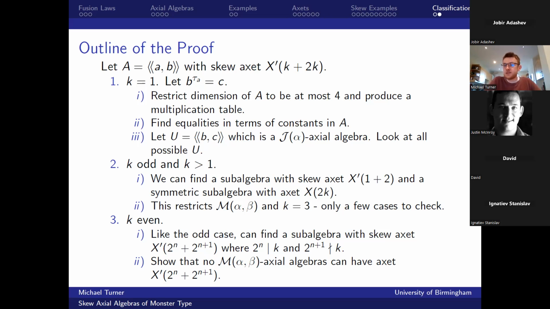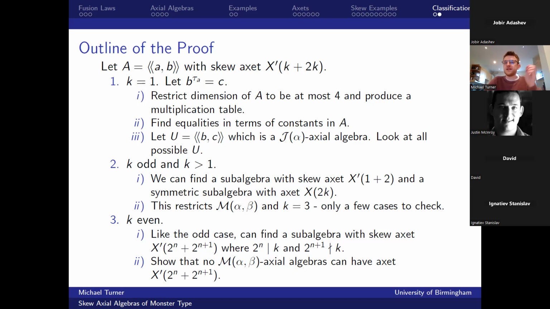A 2-generated symmetric axial algebra is an axial algebra where you have the generating set, say X and Y, and you've got an automorphism that swaps X and Y and has order 2. This is called the flip automorphism. These symmetric axial algebras have all been classified for monster type, thanks to Yabe and also Clara and Mario.